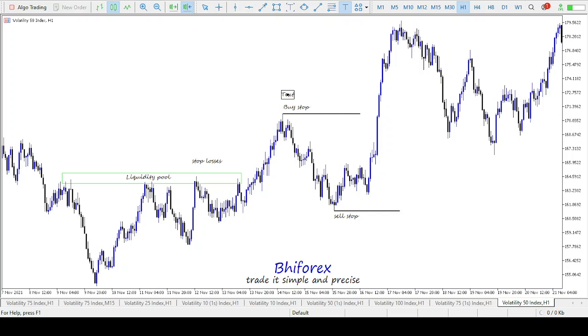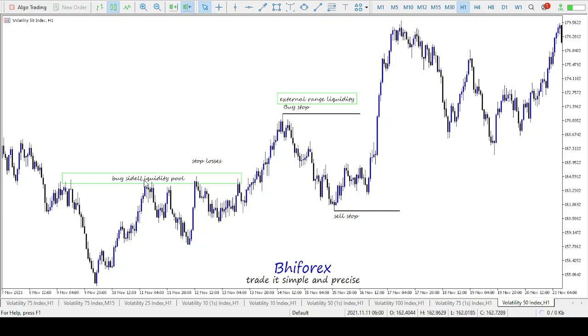So the next thing we are going to look at is the internal range liquidity. So this is external range liquidity right there, which is the buy stop. Also, anytime you have a liquidity pool, or just to make things more professional, this is known as a buy side liquidity pool. And if it is on the sell side, that means you have a double bottom or triple bottom.